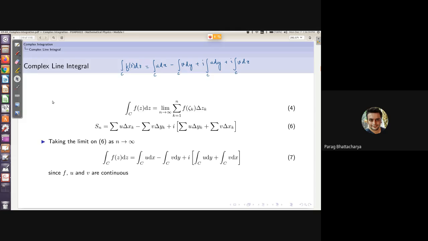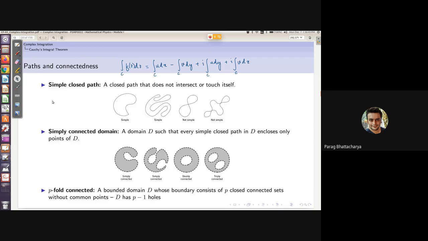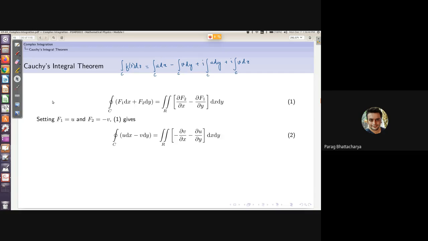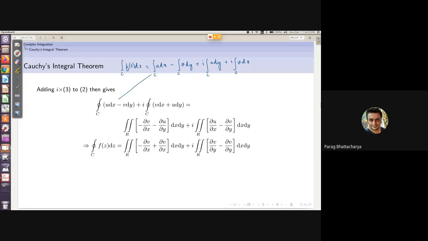So this is what we got. You can just compare: u dx is this, minus v dy is over here, plus i into u dy is this, and plus i into v dx is this. So this entire thing is nothing but the integration of f of z dz. Is this clear?